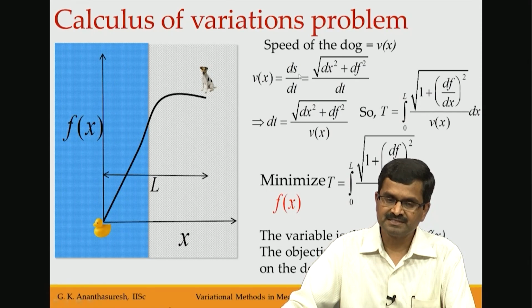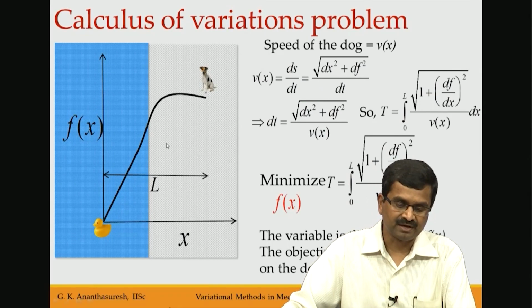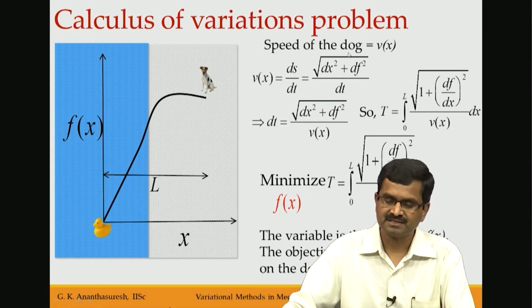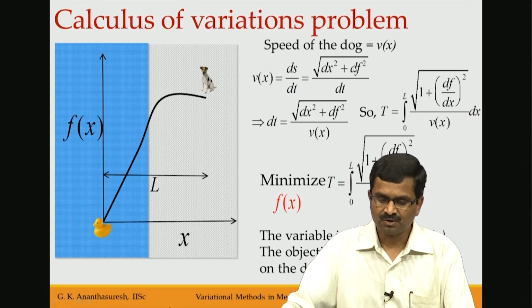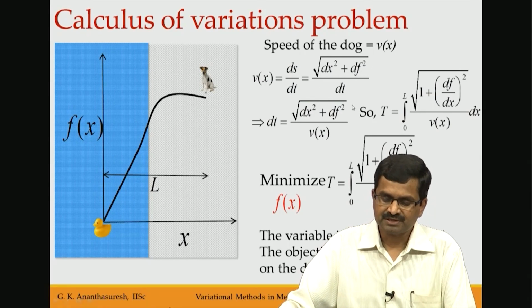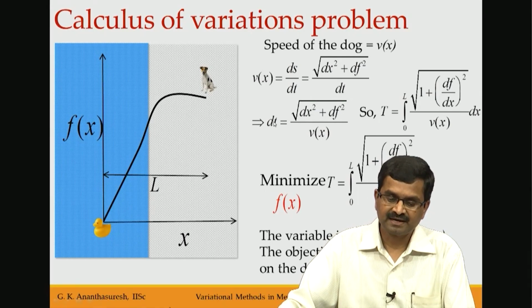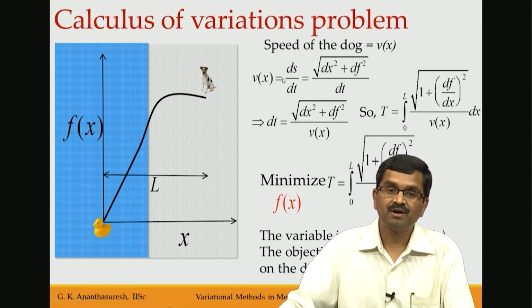That ds can be written as, using Pythagoras theorem, square root of dx squared plus df squared, where f is a function that I am taking. If I take any little segment, there will be a vertical df and then dx, and the ds is that square root. You take this speed and try to find the time dt to traverse a small ds.